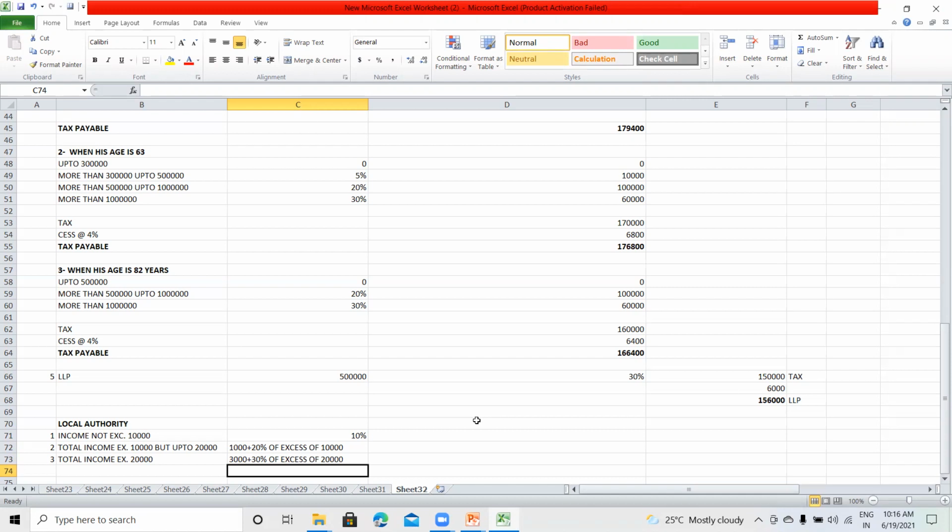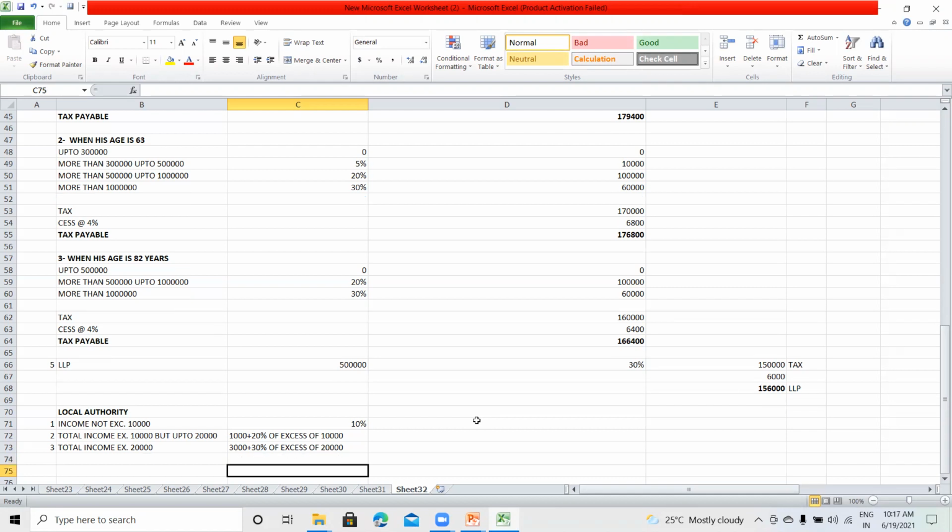If it is more than 10,000 but up to 20,000, the tax will be 1,000 rupees plus 20% of the excess of 10,000. And where the total income exceeds 20,000 rupees, the tax will be 3,000 rupees plus 30% of the excess of 20,000.